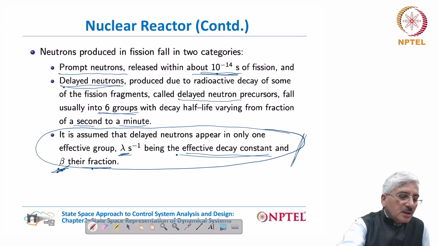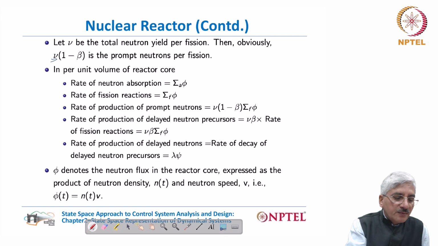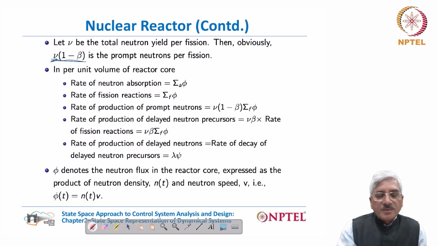So out of the total neutrons produced in the fission, which is nu on an average, nu times 1 minus beta will be the prompt neutrons and nu times beta will be the fraction of delayed neutrons. However, they will come through the decay of delayed neutron precursors.